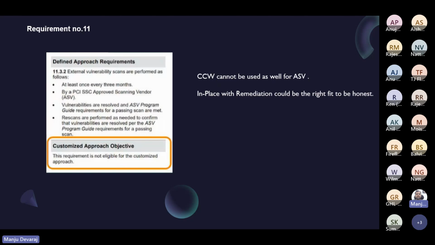It also says the requirement is not eligible for it, but the problem is in place with remediation. But we need to check the boil down, because in the template, in the summary, they removed the in place with remediation. We need to check back now.